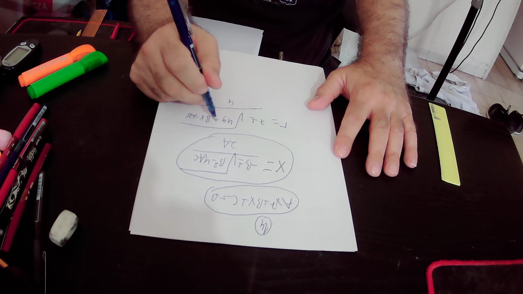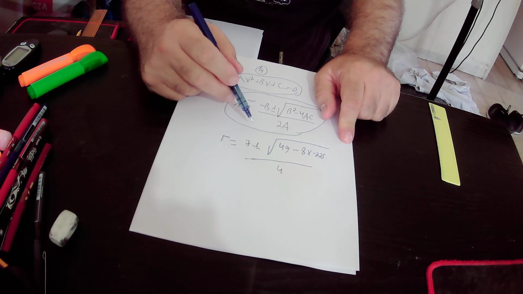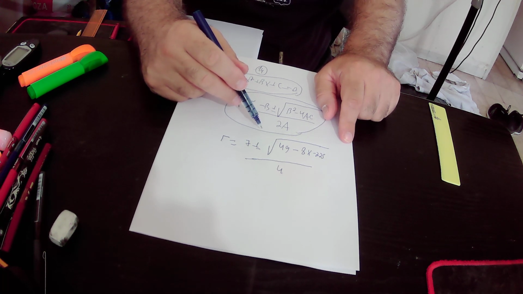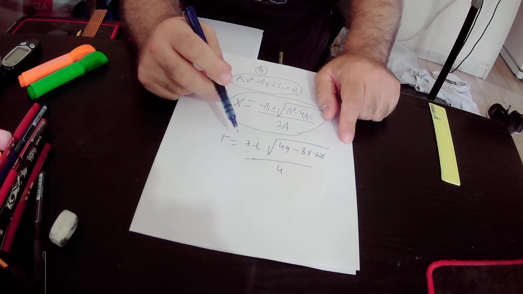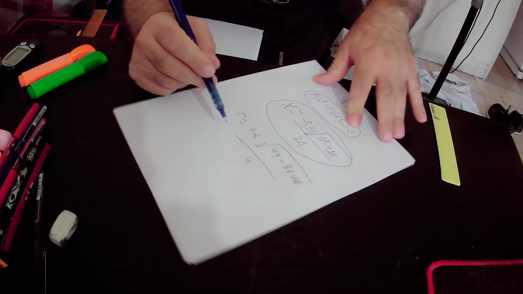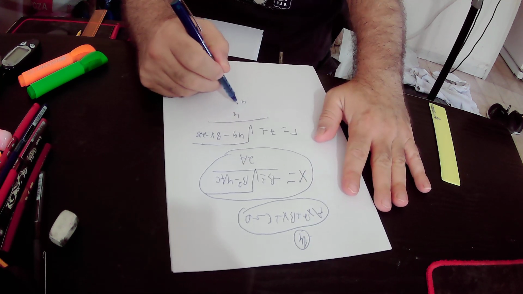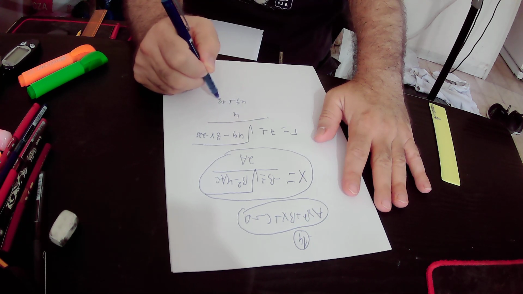So in total we got that r equals 7 plus minus root of 49 minus 8 times minus 225. Minus 8 times minus 225 is 1800, since minus times minus is plus, so it is 49 plus 1800.